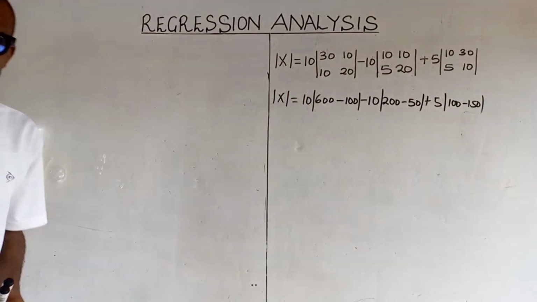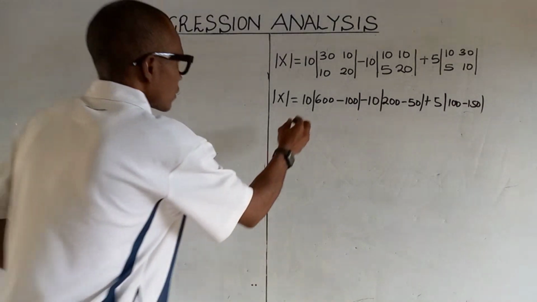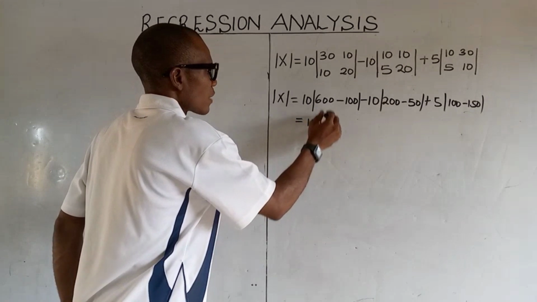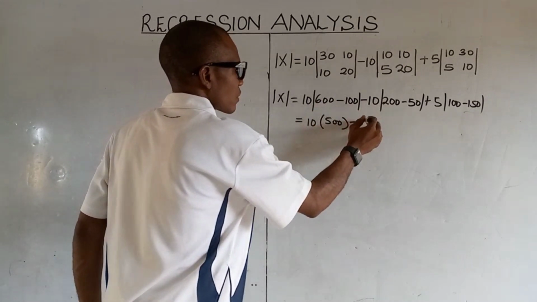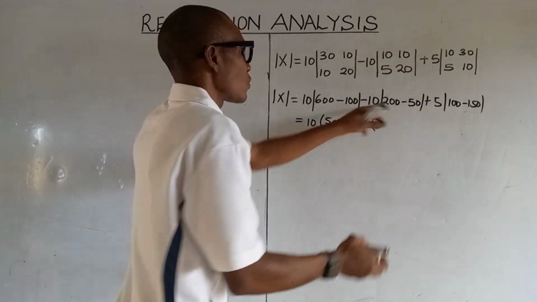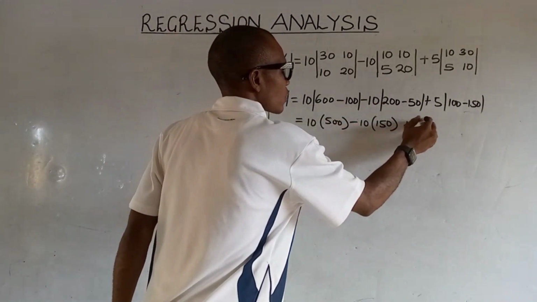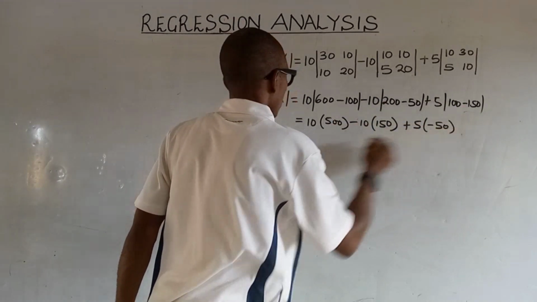So we'll still go to compute the determinants. This is equal to 10 times 600 minus 100 is 500, minus 10 times 200 minus 50 is 150, plus 5 times 100 minus this will give you minus 50.